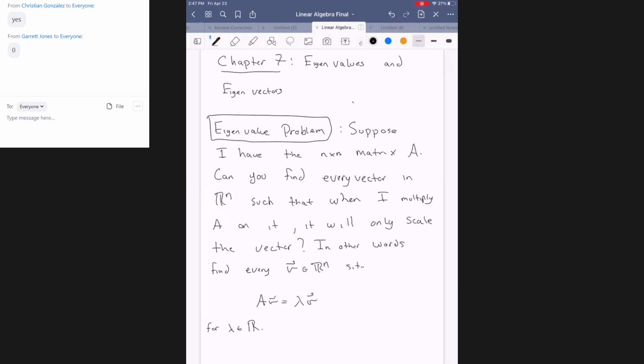So the question is simple enough. I want to find every vector such that A times V is a scalar multiple of V. Well, how do I even attempt to do this?